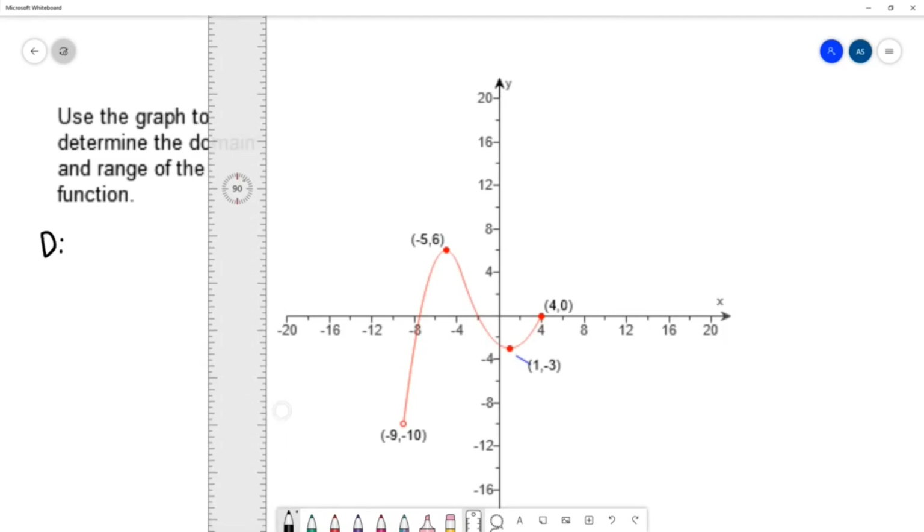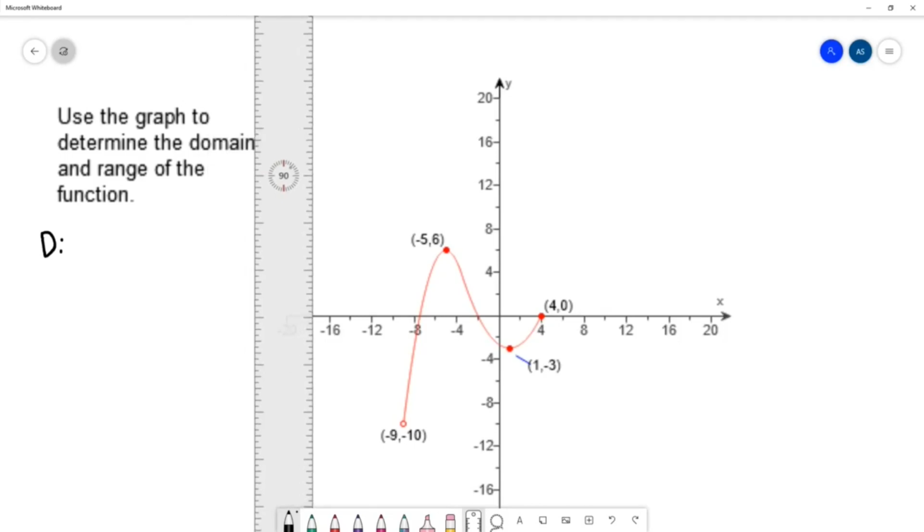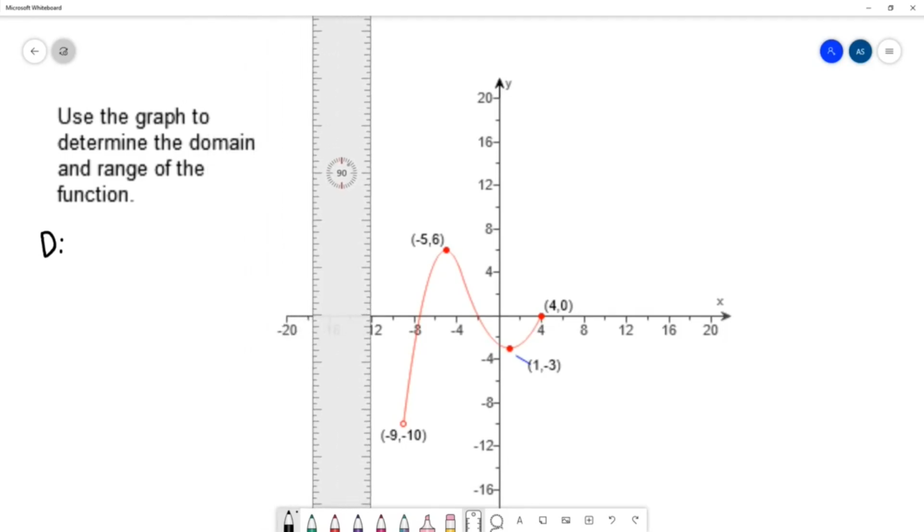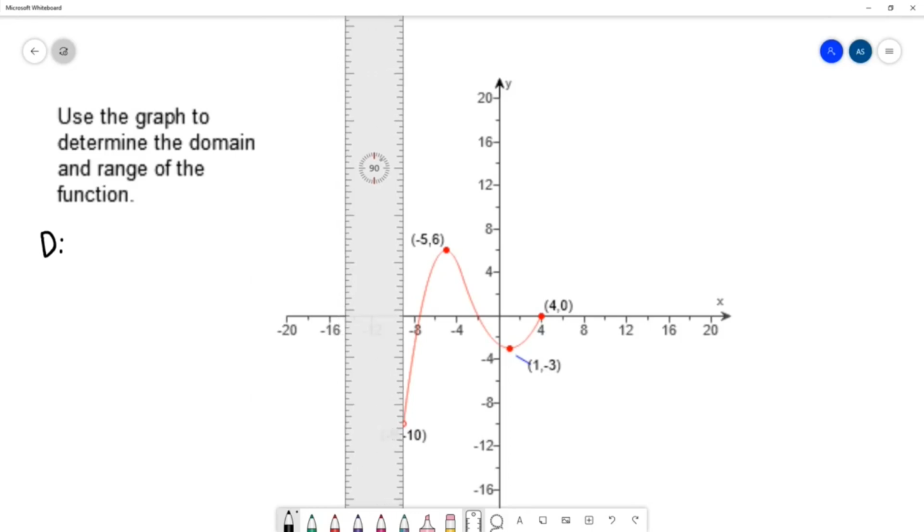So I'm starting on the left, and I'm going to figure out where my domain starts. And I figure that out by when my ruler hits the graph the first time. So right here, my ruler is hitting this point right here. That point has an x value of -9, so that's when my domain will start.